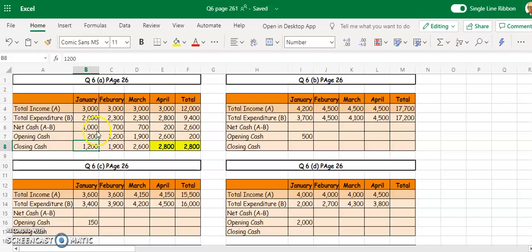If we finished the last day of January with 1,200, we're going to be starting the first day of February with 1,200. And then your opening cash for your total always comes from your opening cash from the first month. And these two figures should always be the same. So that's a simple net cash. So to finish off the budgets, this is how you do it.